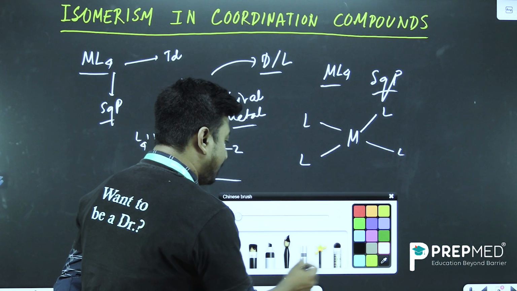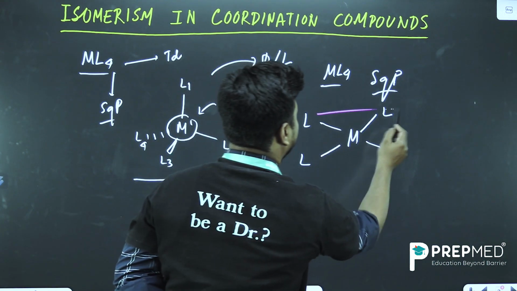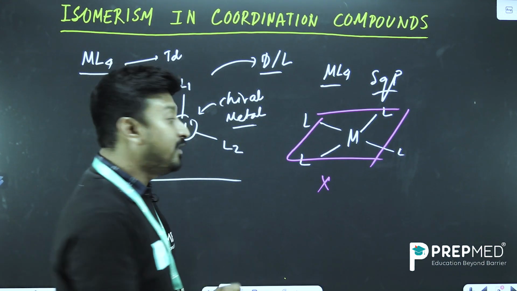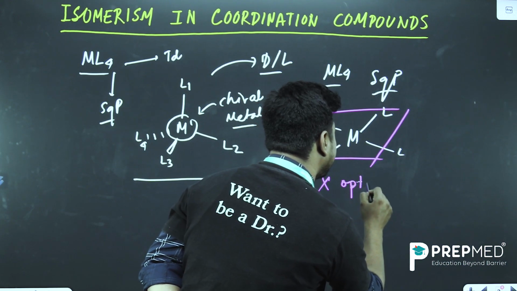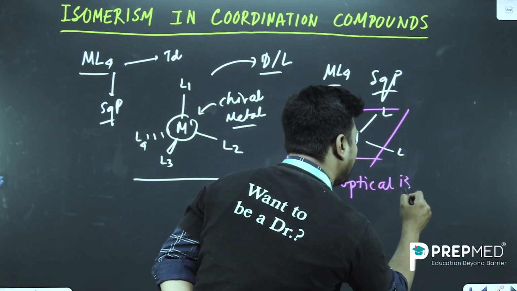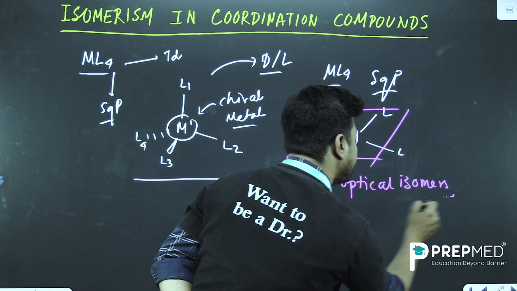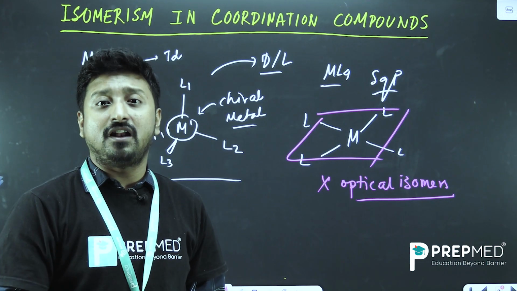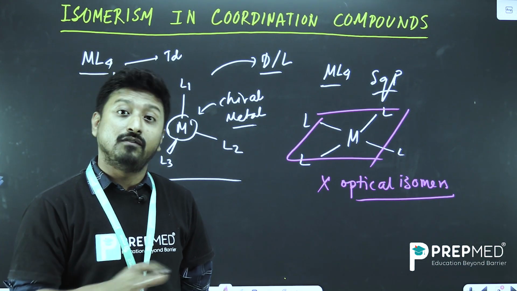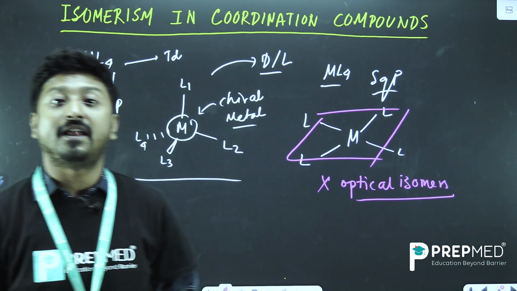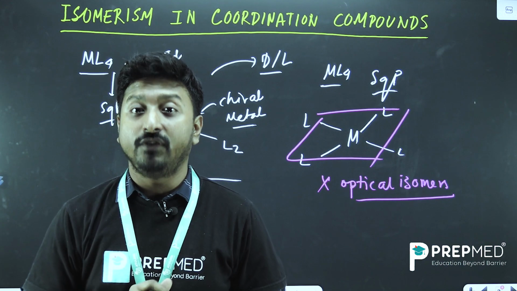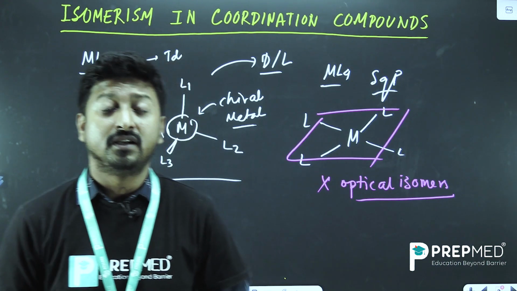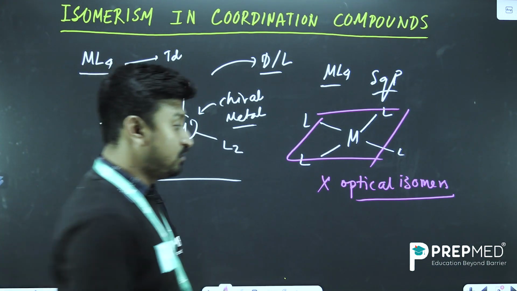If a molecule has a plane of symmetry, then definitely the molecule will not show any kind of optical isomers, correct? So it's obvious. That means tetrahedral complexes will show optical isomers but not geometrical isomers, and square planar complexes will not show optical isomers but will only show geometrical isomers. Now let's see what kind of geometrical isomers the square planar complexes show.